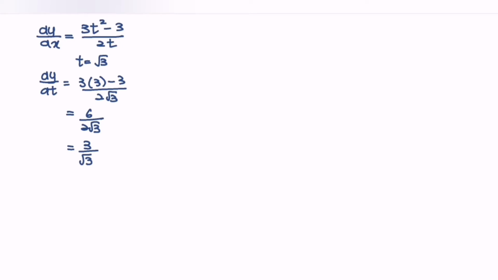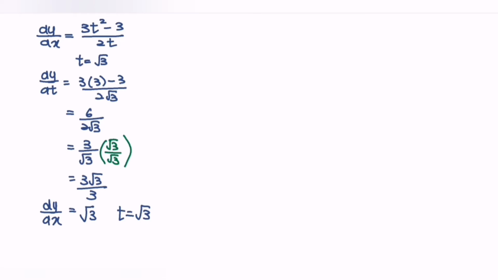Then we have to multiply with the conjugate so that we can rationalize the denominator. The denominator will be square root of 3. Then we will have 3 square root of 3 over 3. So finally, the value for dy/dx equals square root of 3 when t equals square root of 3.